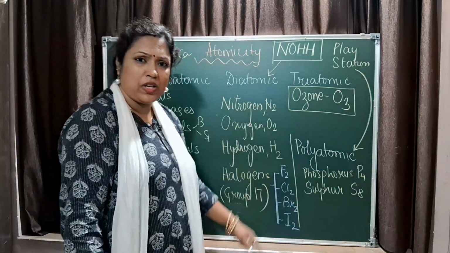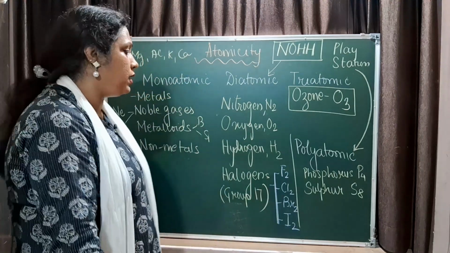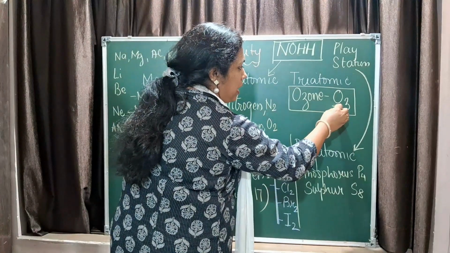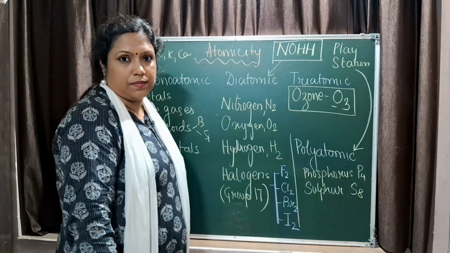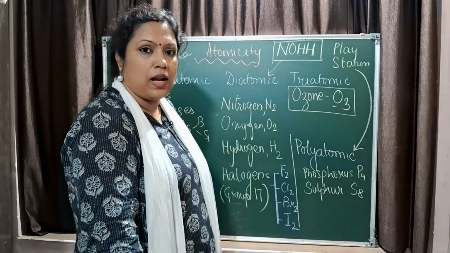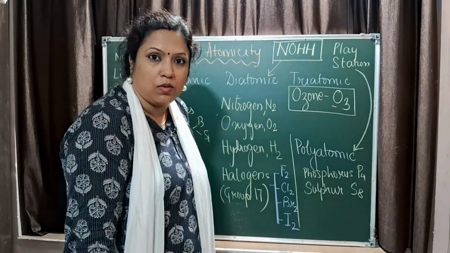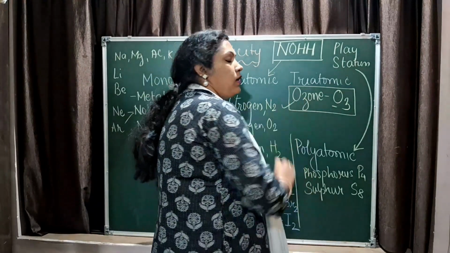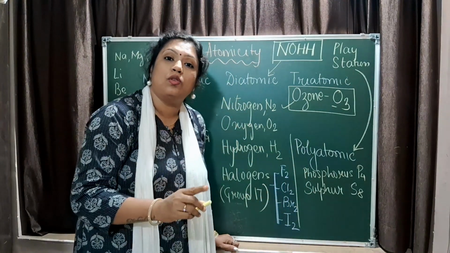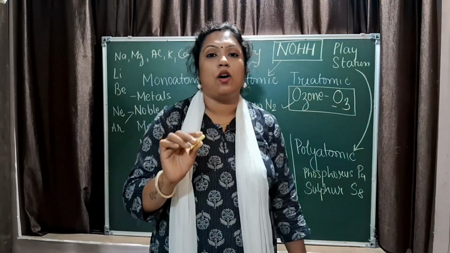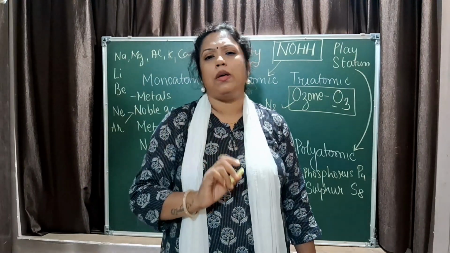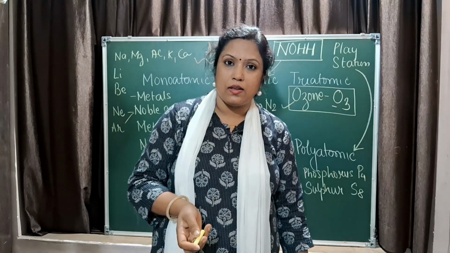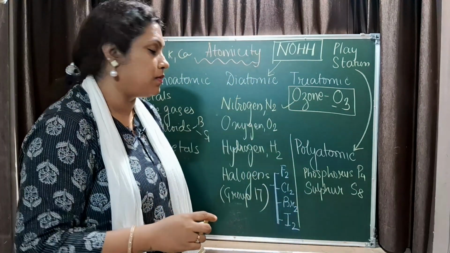Any question based on this, for example, if one oxygen atom has a mass of 16 AMU, what is the mass of ozone? Unless you know that ozone is a triatomic molecule, you will not be able to calculate its mass. So that is the application.